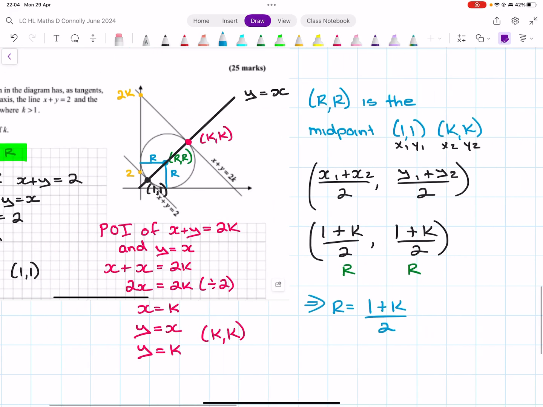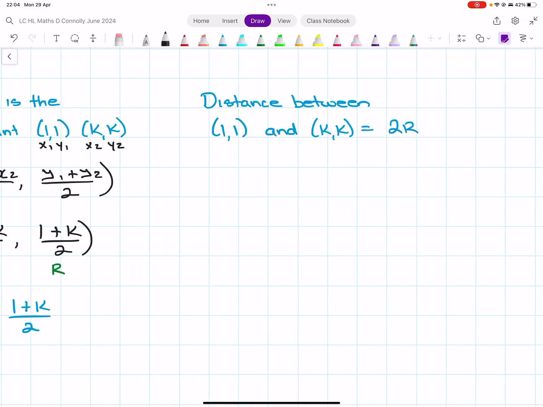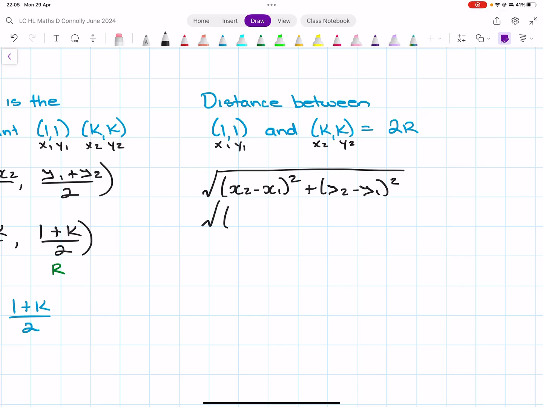Or twice the radius. Does that help? Maybe that helps. So the square root of (x2 minus x1) squared plus (y2 minus y1) squared is the square root of (k minus 1) squared plus (k minus 1) squared.